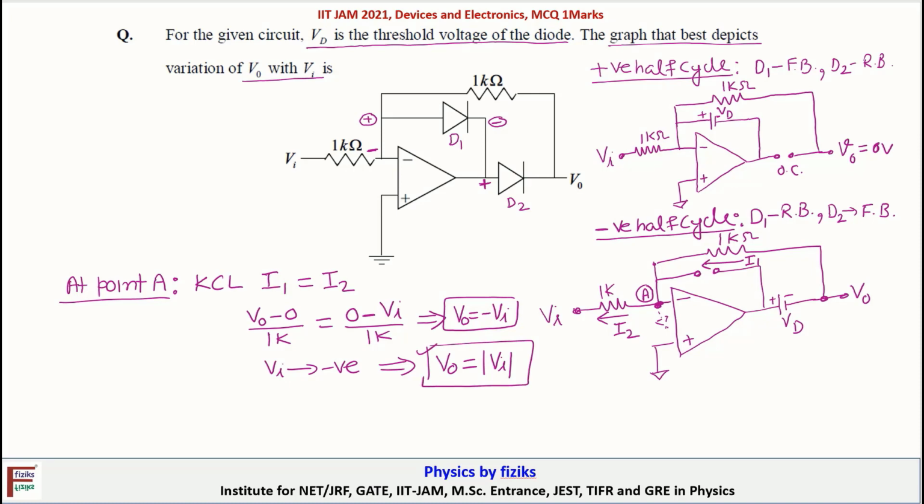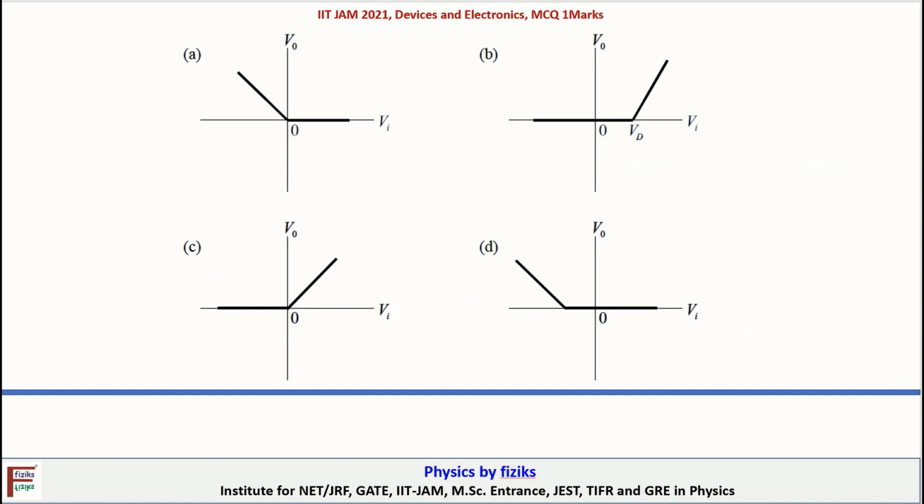That is mod Vi. Now if we see the options, if Vi is positive, we have seen that VO is 0 volt. And if Vi is negative, in this condition we have seen that VO is mod of Vi, a positive value itself.